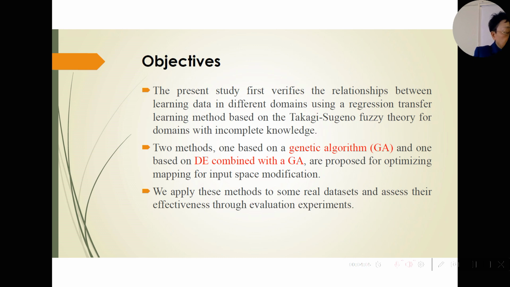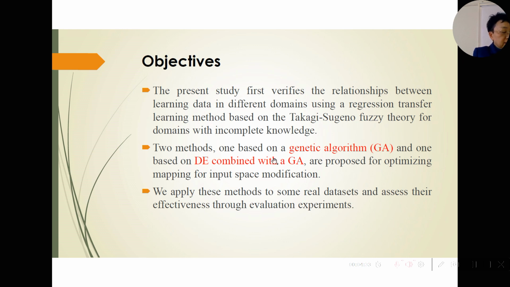In this study, first, we verify the relationship between learning data in different domains using the regression transfer learning method based on the Takagi-Sugeno fuzzy theory for domains with incomplete knowledge.